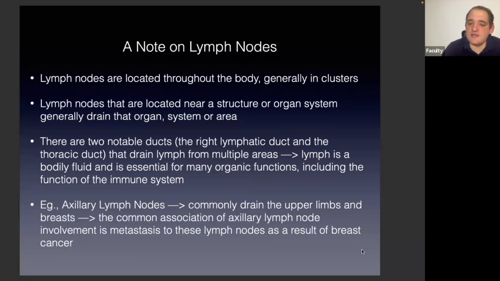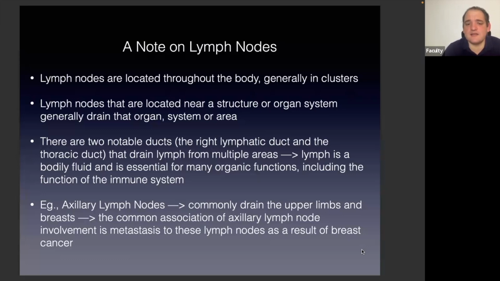The common association of axillary lymph node involvement is metastasis to these lymph nodes as a result of breast cancer. Metastasis is where the cancer has spread from any organ beyond that organ to a surrounding structure or area. When patients are worked up for breast cancer, lymph node involvement is always looked for.